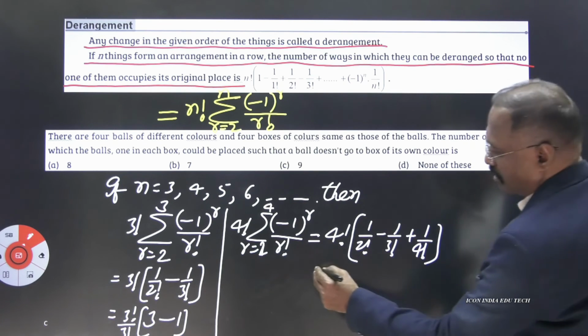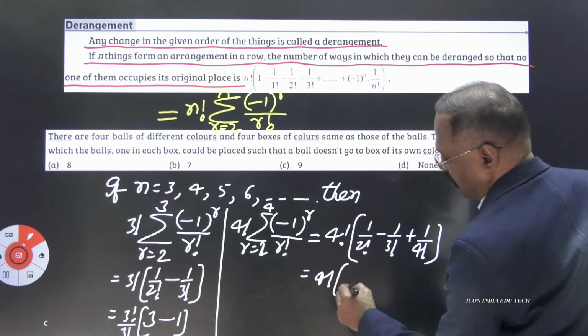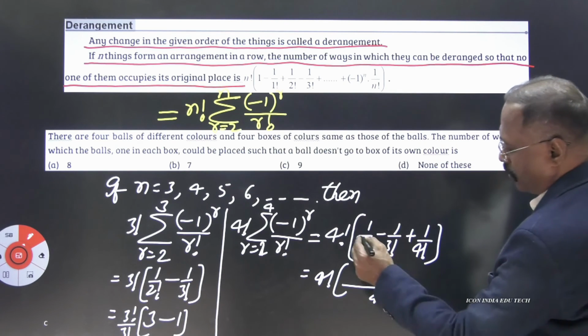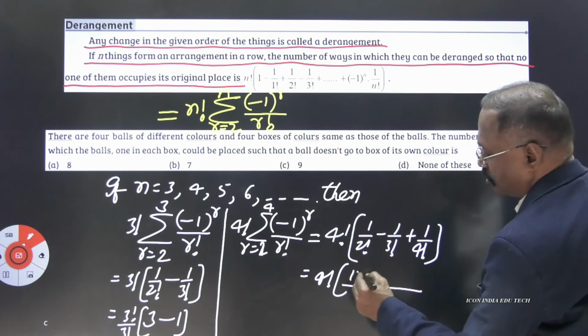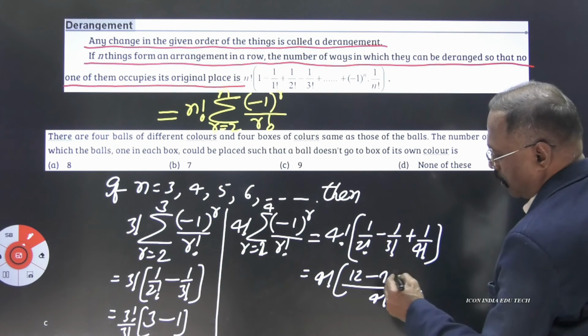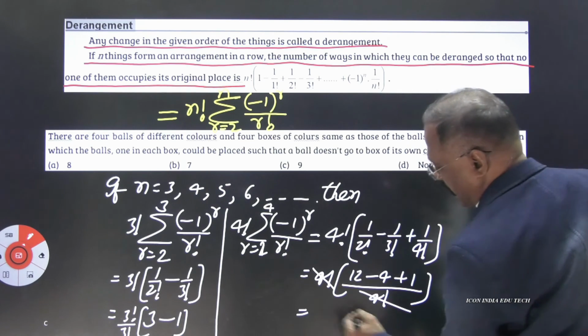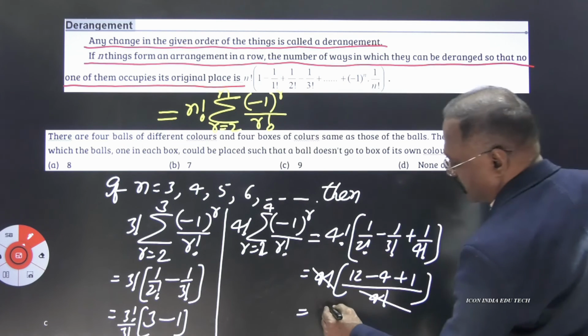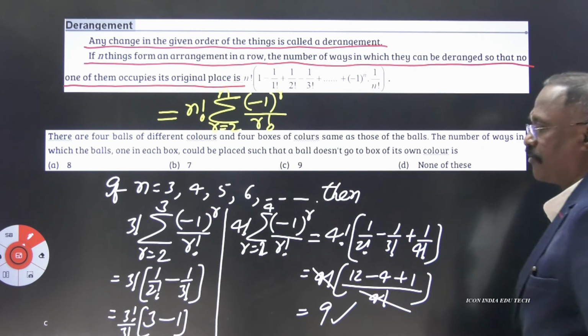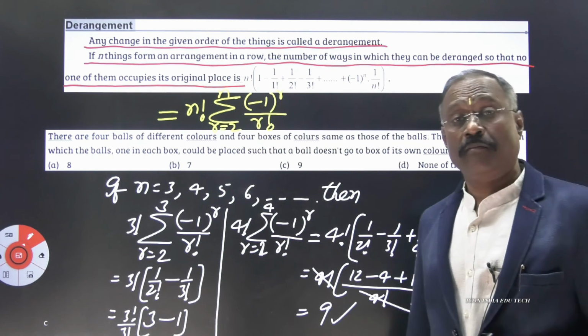Let us simplify this now. Take LCM, 4 factorial, and 4 factorial by 2 factorial is 12, minus 4, this is 1. This 4 factorial getting cancelled. 12 plus 1, 13 minus 4, 9.